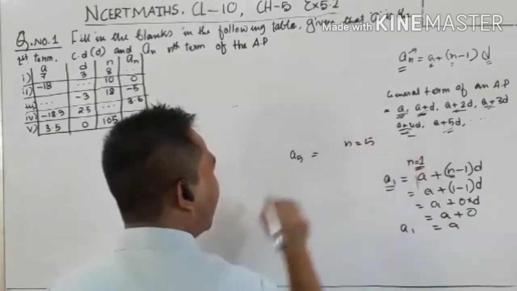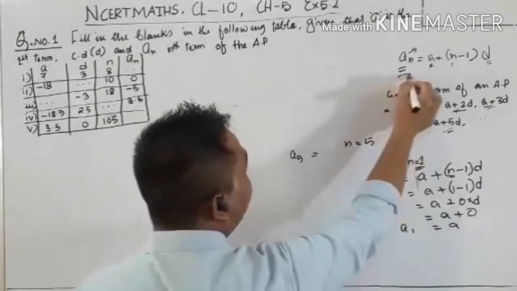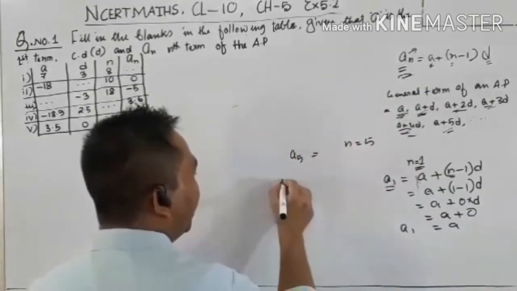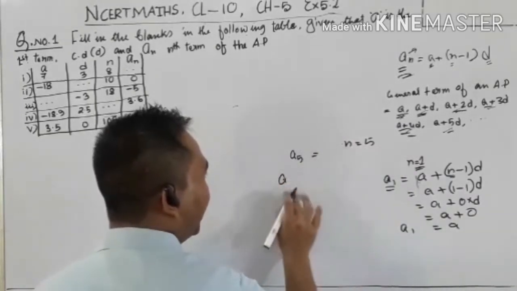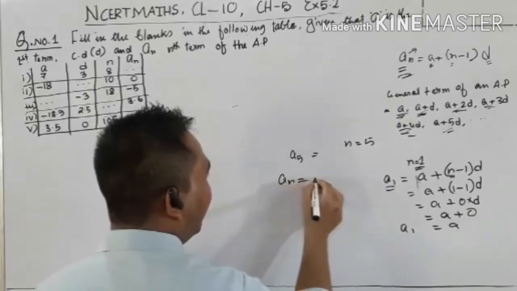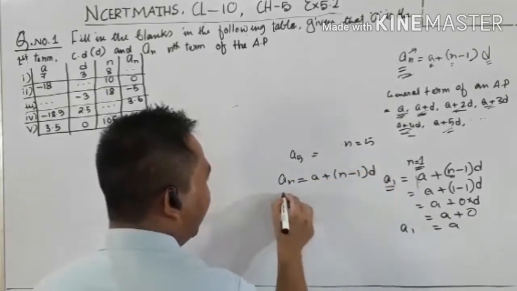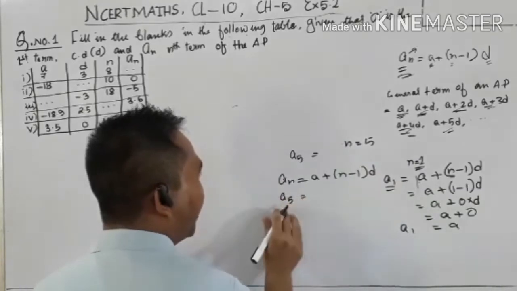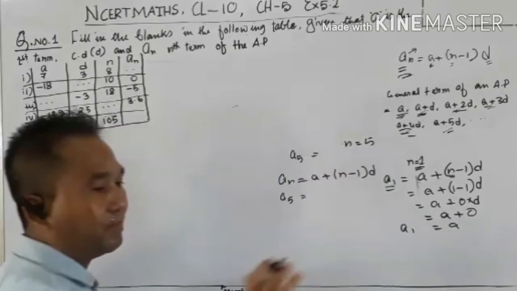Then how to get this? If we use the nth term formula, an equals a plus (n minus 1) into d. It will be a5, because n is equal to 5, the number of terms available.